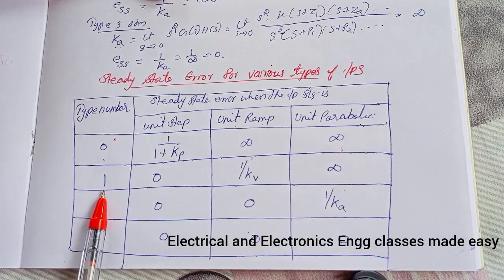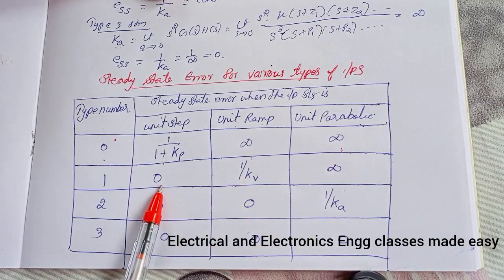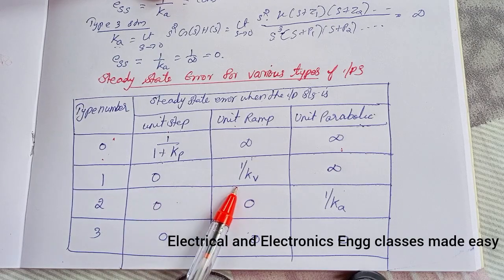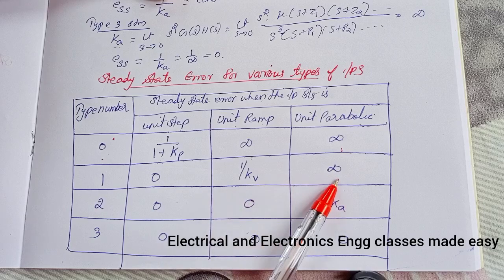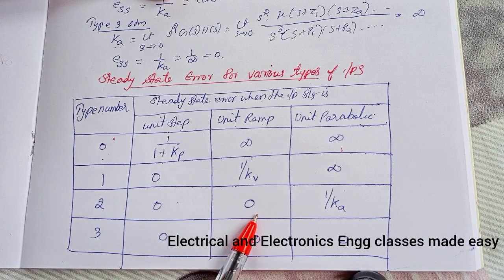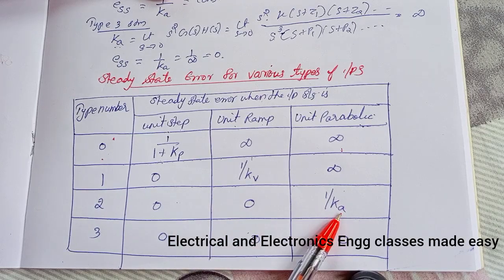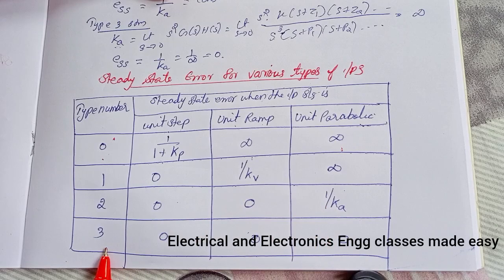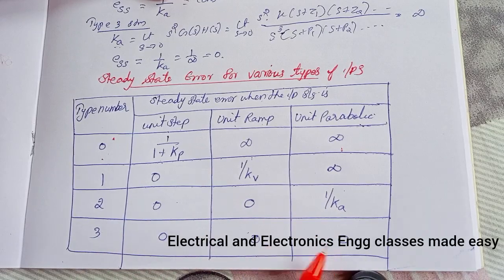Then for type 1 system, for unit step ESS is 0, for unit ramp 1 by Kv, for unit parabolic it is infinity, and for type 2 system for unit step and unit ramp it is 0, and for unit parabolic it is 1 by Ka, and for type 3 system all are 0.